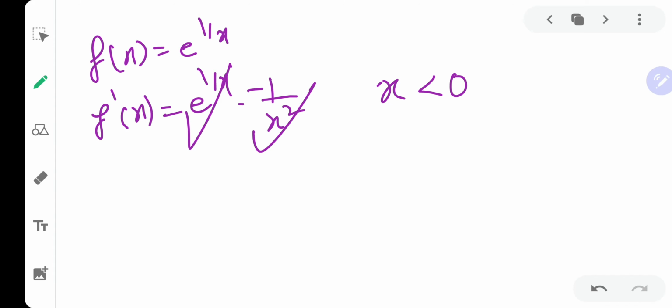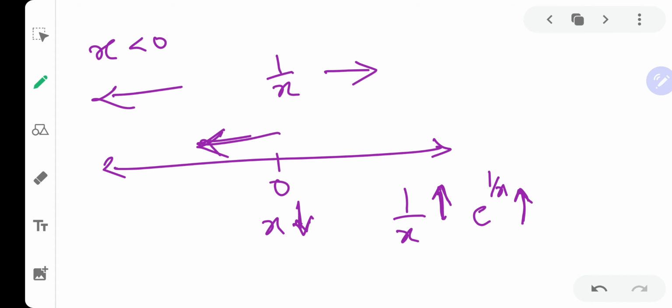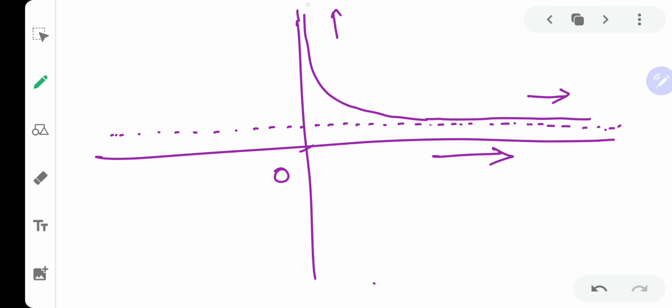And you can see what is exactly happening at x less than 0, as the value of x will be decreasing to the left hand side, the value of f dash x will be negative. So as you can see, the derivative is always less than 0. Hence the graph is something like this, a reducing graph.